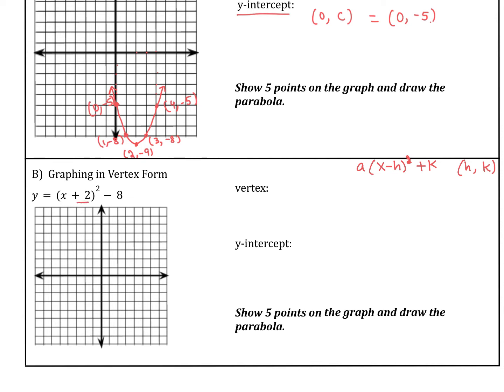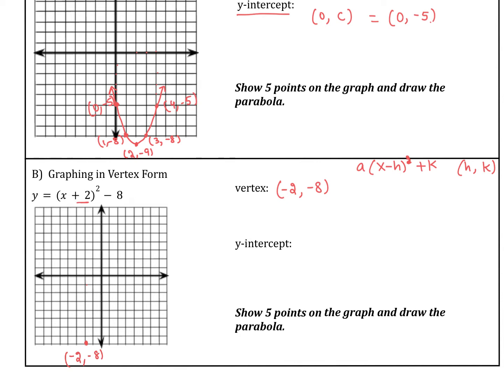If it's negative, you list it as positive, but if it's positive, you list it as negative. So the vertex is negative 2 comma negative 8. To plot the point, you use negative 2 comma negative 8, right here, and that's the vertex.